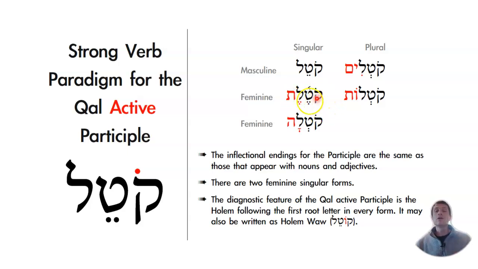One is kotelet with the segol tav at the end, or kotela with the kametz he at the end. And then there's the feminine plural, kotelot. So that is the paradigm to know. The main diagnostic feature here to recognize is the holam after that first root consonant, followed by the endings of the participle, which are just like the endings for a noun or an adjective.